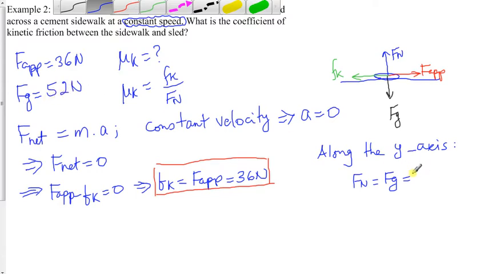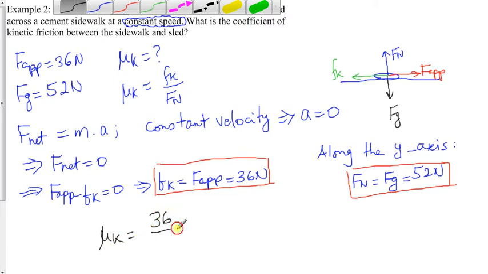So just replace it by 52 Newton. So now I have everything to find mu k. So mu k is equal to 36 divided by 52.